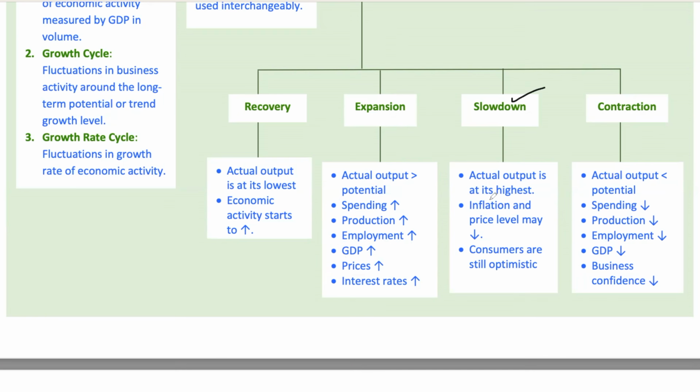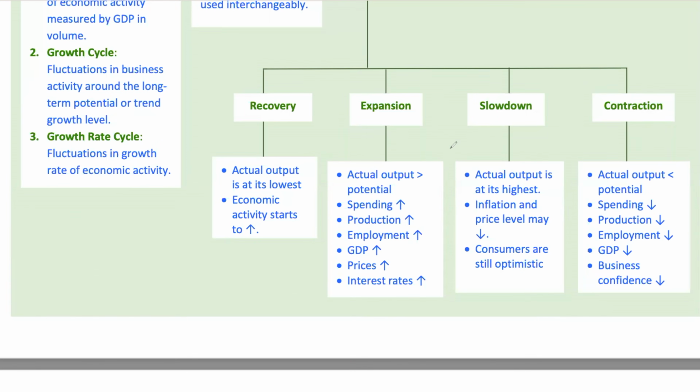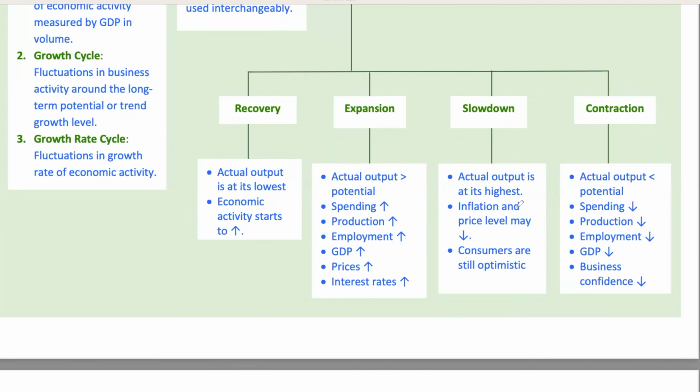During slowdown phase, actual output reaches its highest point relative to potential output, creating the largest positive output gap, which then begins to narrow. Inflation and price levels may decrease, and businesses might rely more on overtime rather than hiring new employees. Consumers, however, remain optimistic.